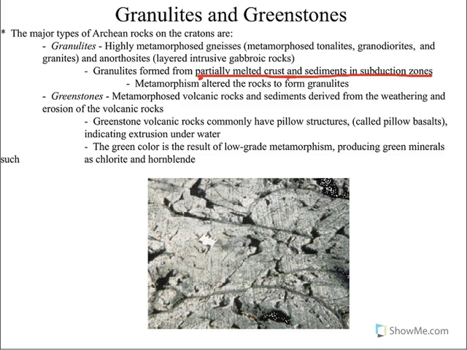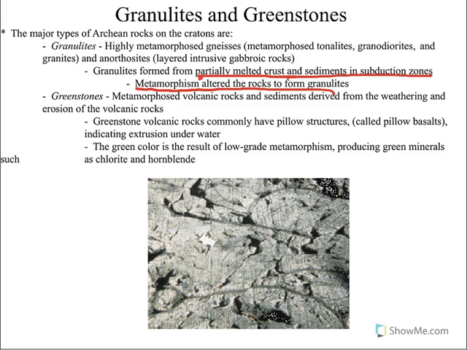So here we've got partially melted crust from subduction, collected with the sediment. Metamorphism that's happening in the subduction zone turns into granulite. And say, well, how does that get brought back up to the surface? Remember, once subduction starts, it doesn't mean it can't stop. So those rocks can easily get brought back up to the surface.